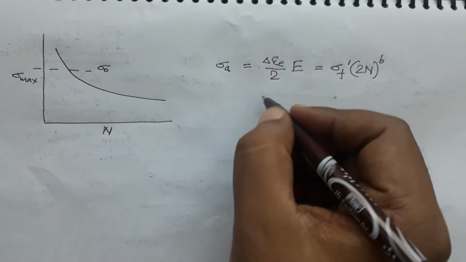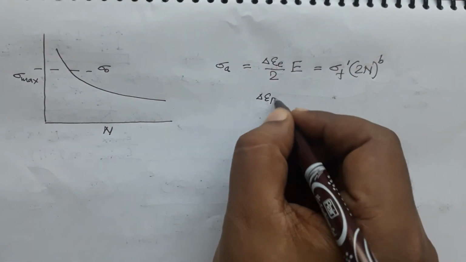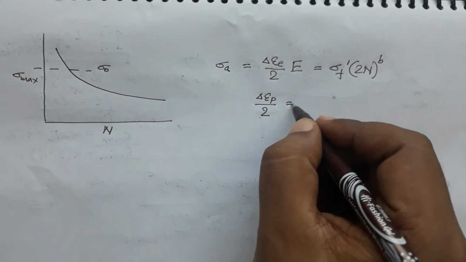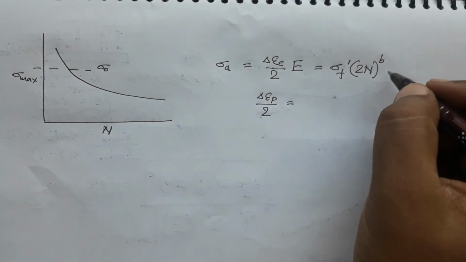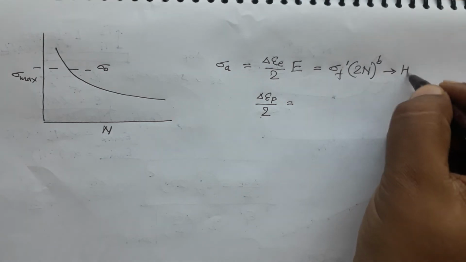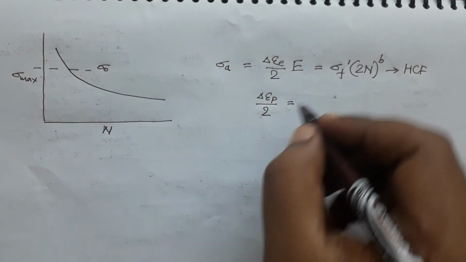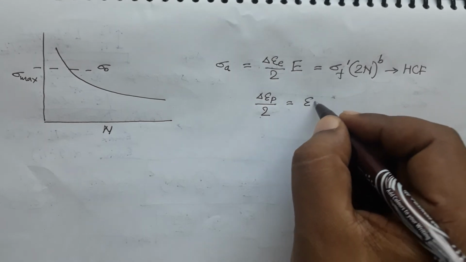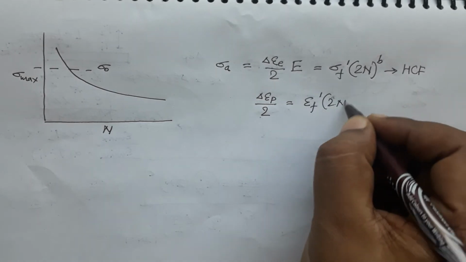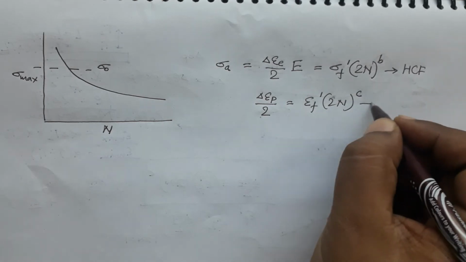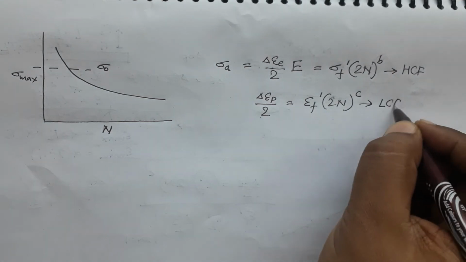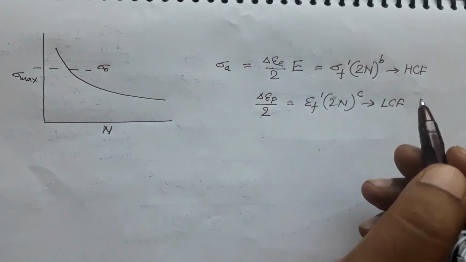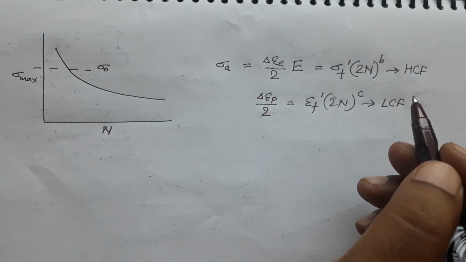Let me write that equation also, so that you can revisit it. This one is for high cycle fatigue, which we are discussing today, and the other equation was for low cycle fatigue, where we had epsilon f dash into 2N to the power c, and plastic strain was involved. In this case we only have elastic strain.